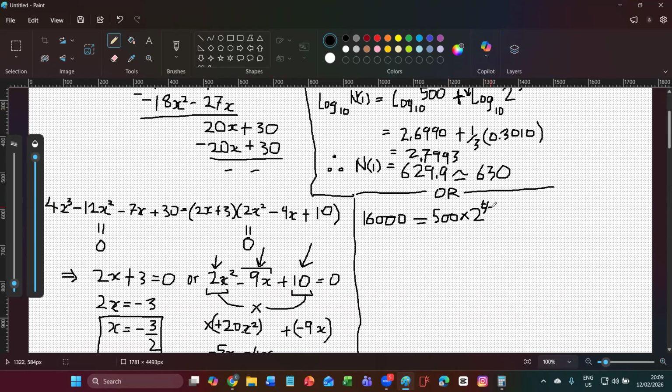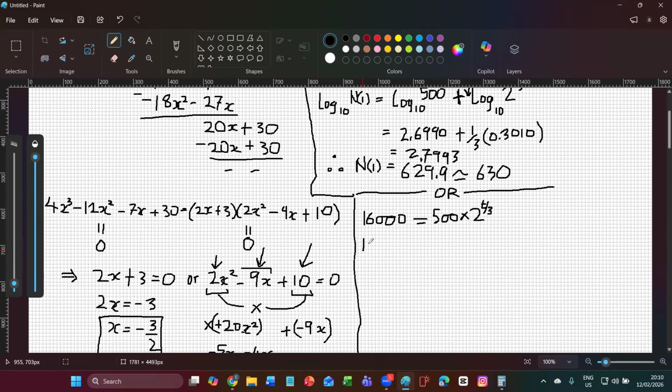So what I'm thinking now is, what value of c will make this whole thing possible? Let's solve it like this. Divide both sides by 500.